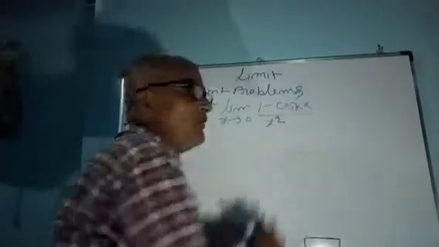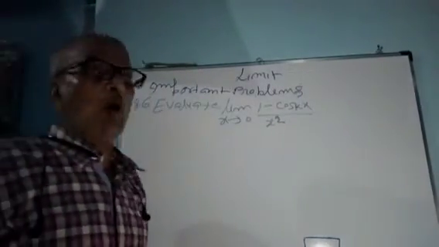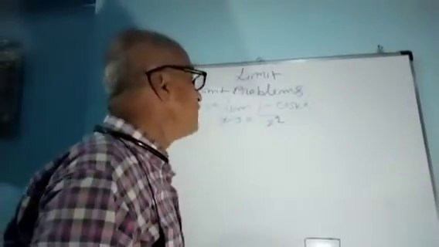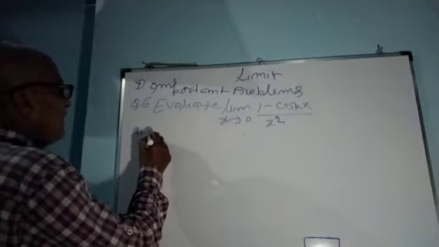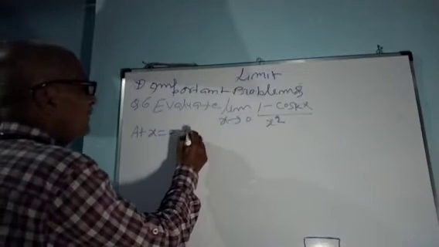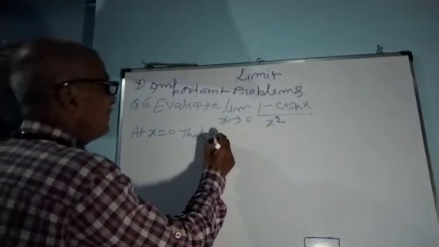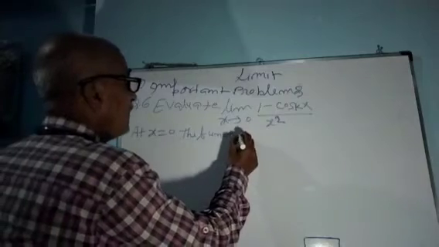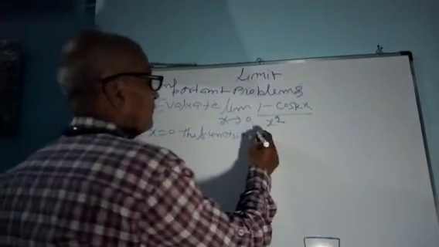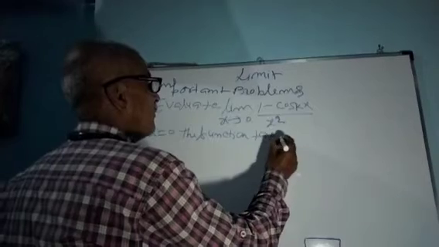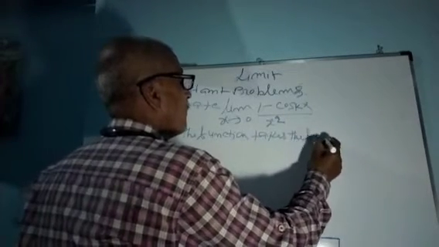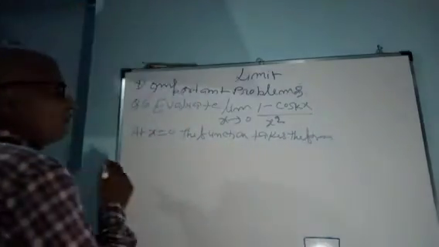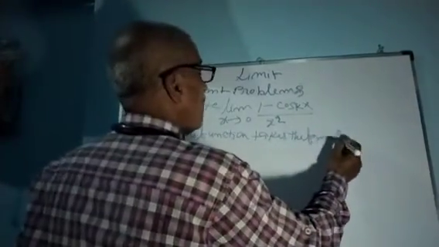So this will become 2 sin square kx by 2. At x equal to 0, the function takes the form 0 by 0.